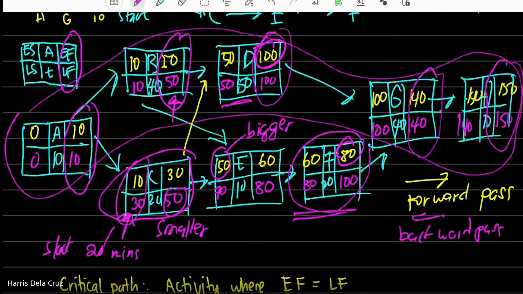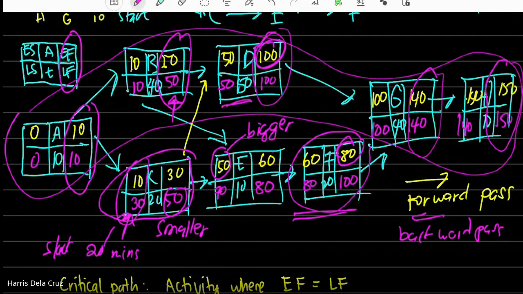So, syempre, pag nagdagdag ka ng tao, mababawasan yung time. Pero syempre, dapat, titingnan mo rin kung yung na-save mo ba na time ay mas beneficial sa ginastos mo dun sa augmented personnel. Syempre kasi pag dinagdagan mo ng personnel, magdadagdag ka ng sweldo. So, kasama yun sa project management analysis. Yan, sa critical path analysis.